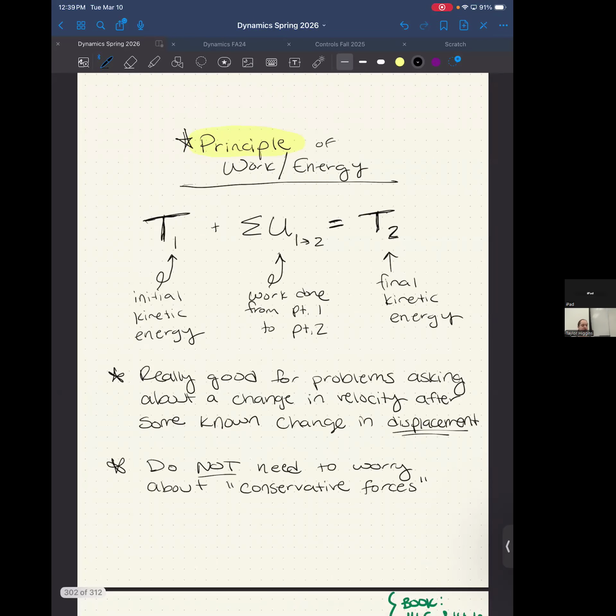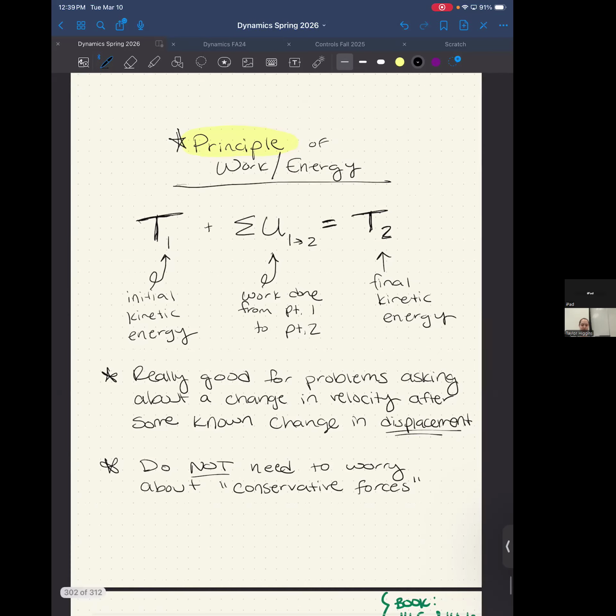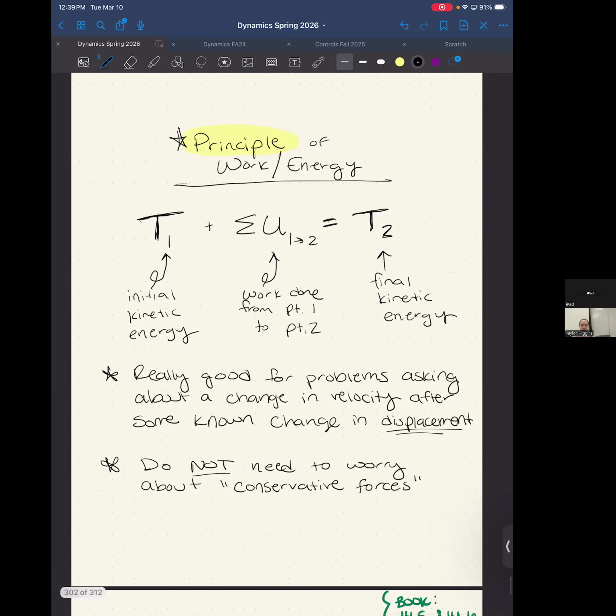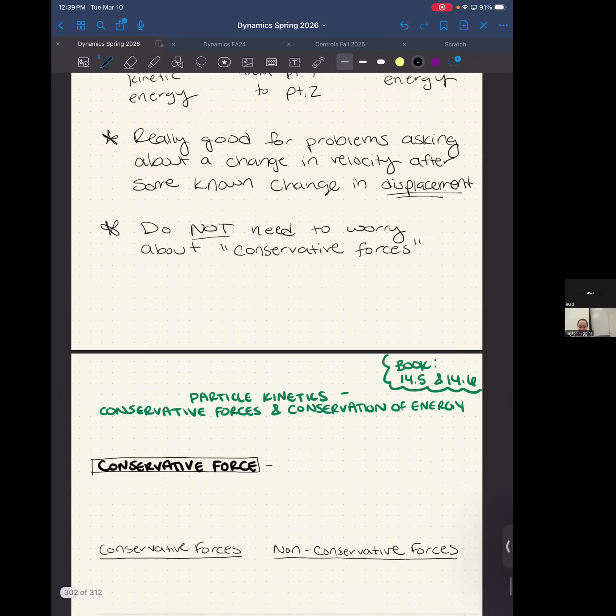However, for the conservation of energy that we cover today, conservation goes with conservative forces. So when we do the conservation of energy equation, we have to make sure that the only forces doing work on our system are conservative forces, and we'll talk a little bit about what that means. So work energy has no hidden dragons. Conservation of energy does.